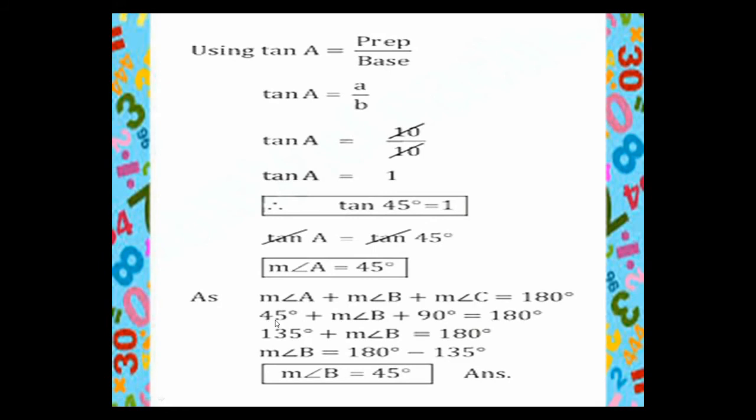Now when you add 90 plus 45 you will get 135. B will remain here, is equal to 180 degrees. Now the measure of angle B will remain here, 180 will remain here, and 135 will change its side and become minus 135, so 180 minus 135 is equal to 45 degrees. Now this is the answer for angle B, that is 45 degrees.